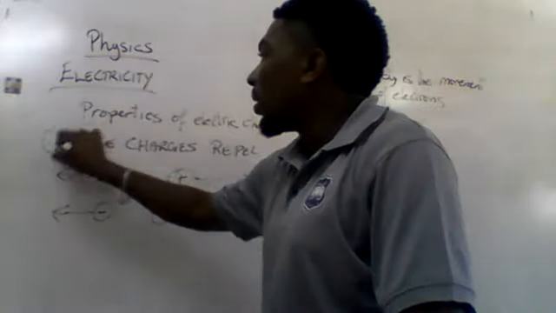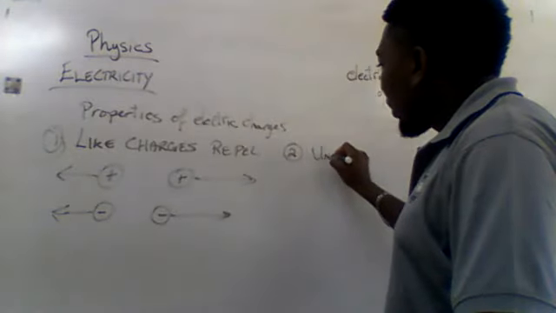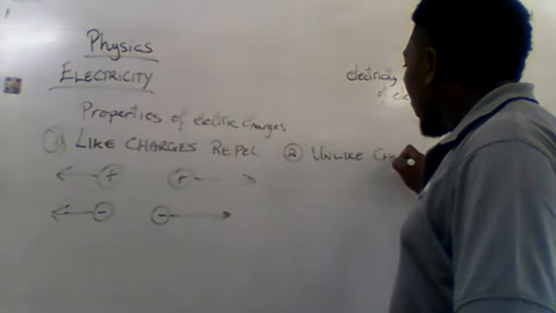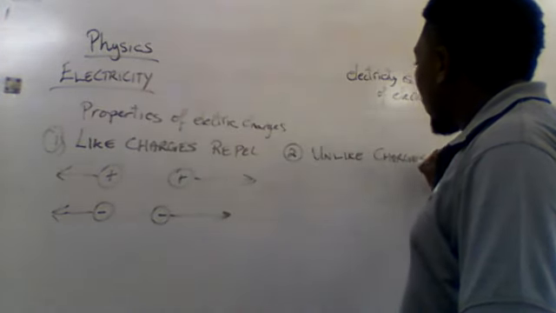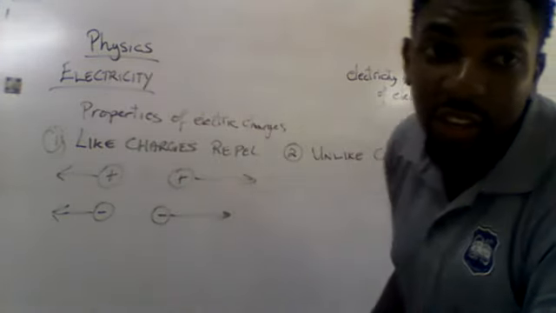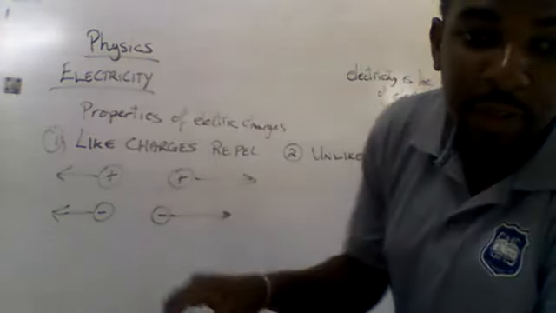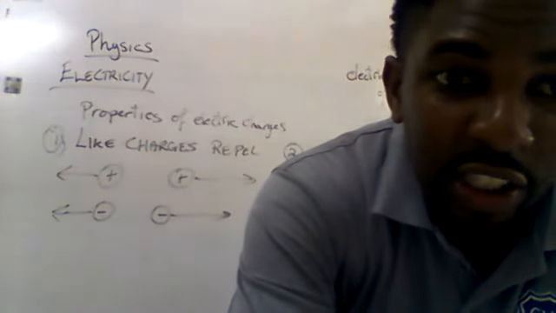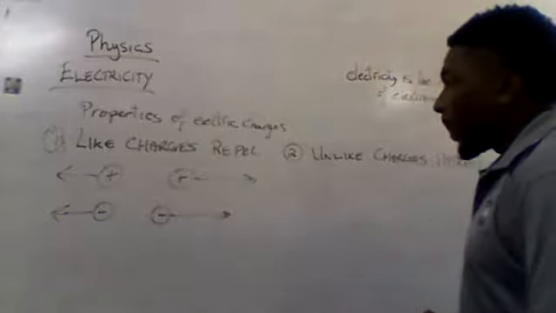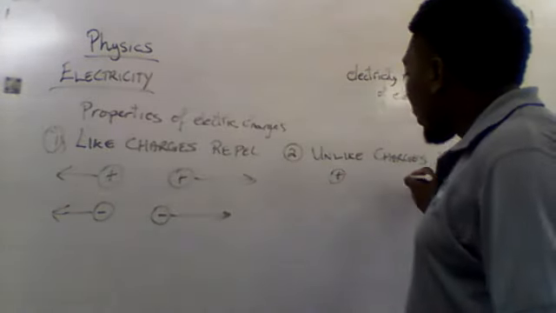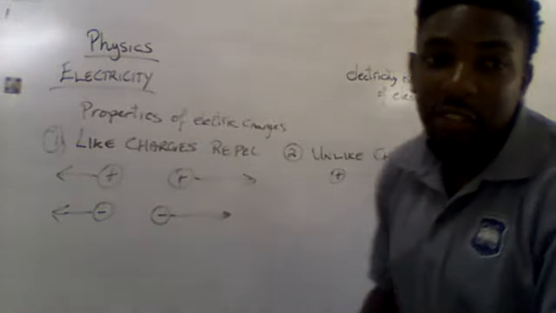Second property is that unlike charges attract to each other. Now, what does this mean? Right? What does this mean? Unlike charges attracting each other means that a positive charge is going to be attracted to a negative charge.